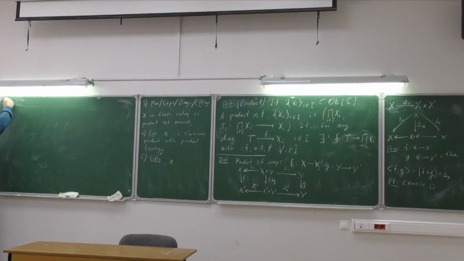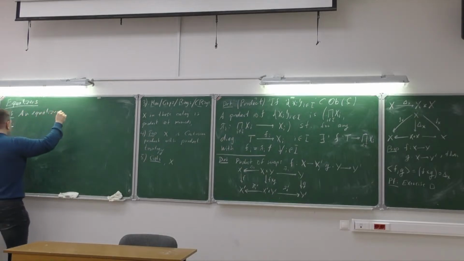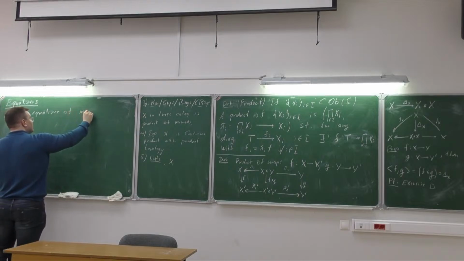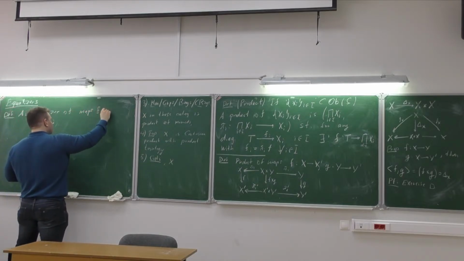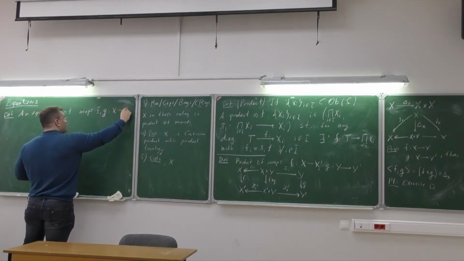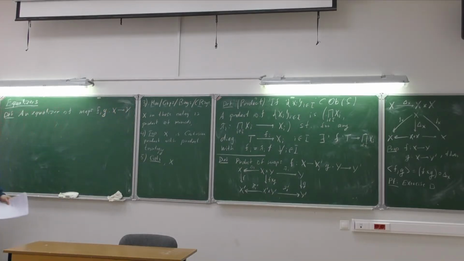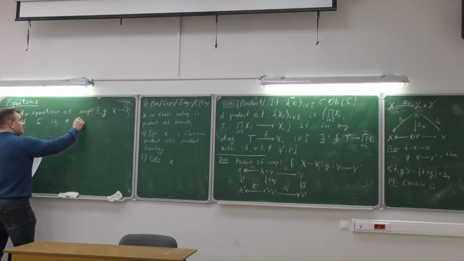Okay, now let's do another kind of example, equalizers. So, definition: an equalizer of maps F and G. These two maps have the same domain and codomain, say in some category C. An equalizer is a pair.